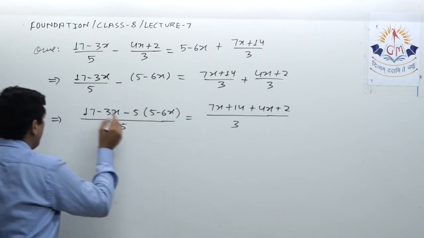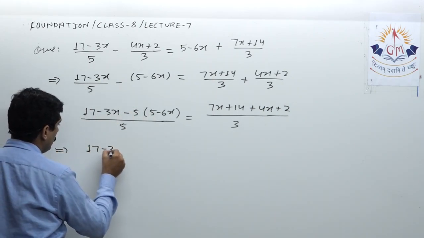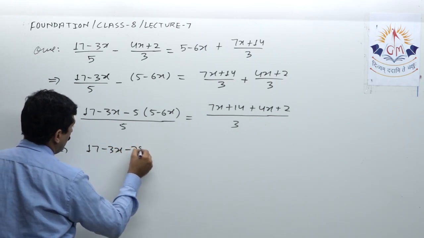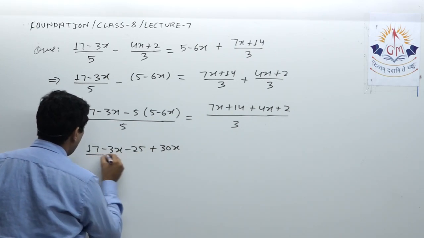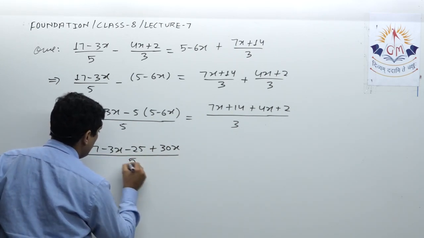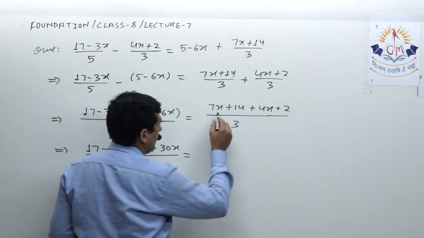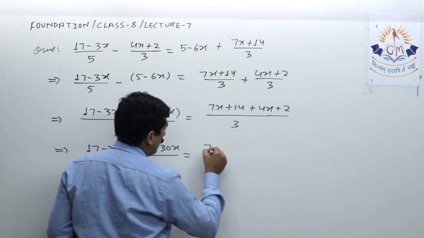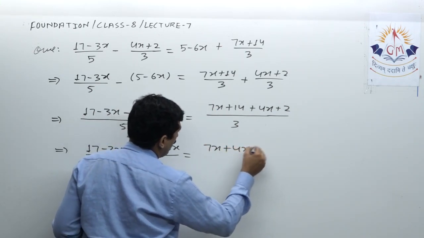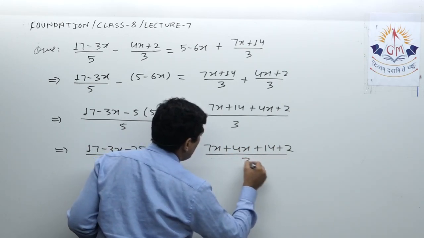Okay, now I will simplify this. So this further can be written as 17 minus 3x minus 25 plus 30x divided by 5 is equal to, over here I can write the terms 7x plus 4x plus 14 plus 2 divided by 3.